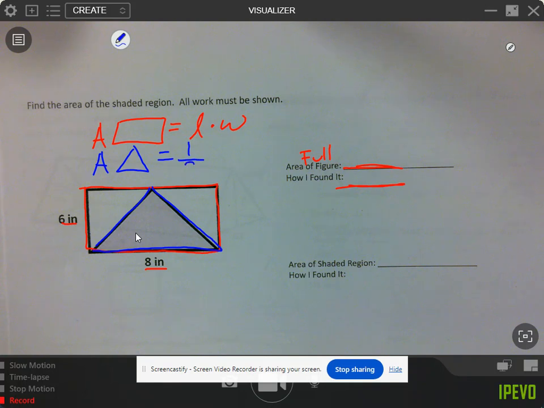One half of the base times the height. So our base is the bottom of that triangle. The height is how far up it goes, from the tip straight down to the base. So we want to multiply our base times our height and then divide it by 2.